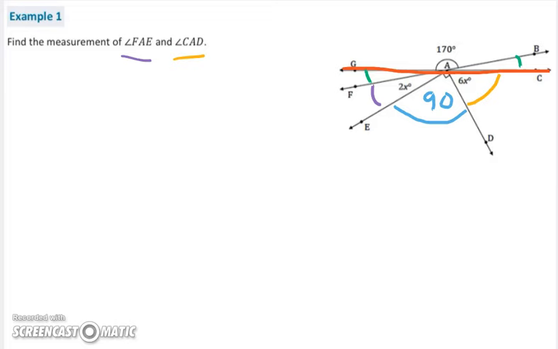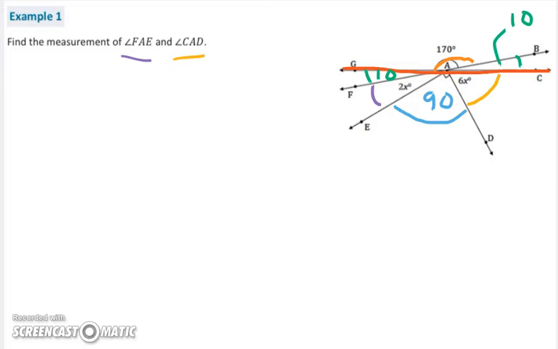If this chunk right here is 170, to finish that semicircle, I'd have to go an extra 10 degrees. So that little sliver is 10 degrees. If that one's 10, this guy here also has to be 10 degrees. And now we've completed our semicircle of measurement.